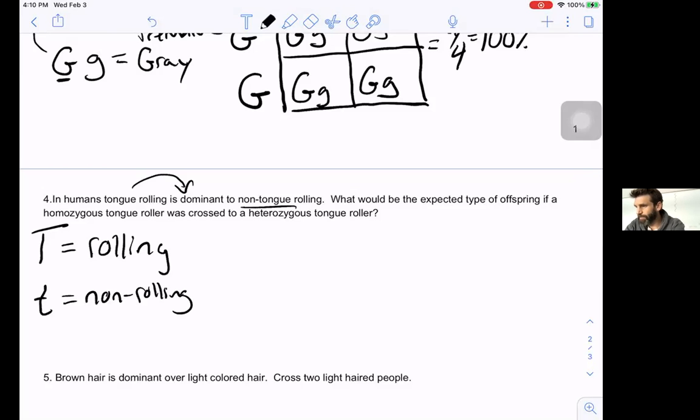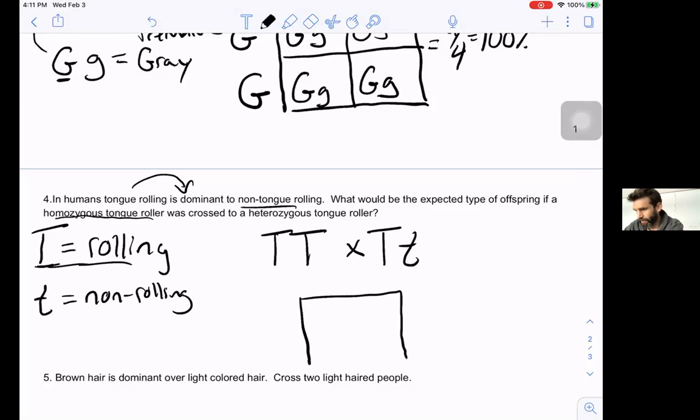What would be the expected type of offspring if a homozygous tongue roller, so that means this is rolling here, a homozygous dominant tongue roller, was crossed with a heterozygous, hetero is the two different, tongue roller? What would this combination be? So I'm going to make the box a little smaller here.